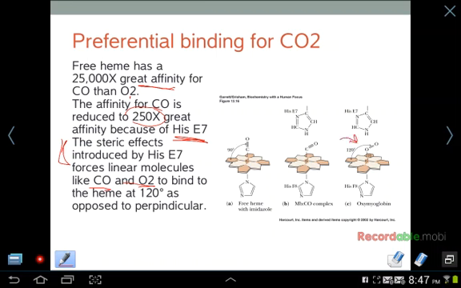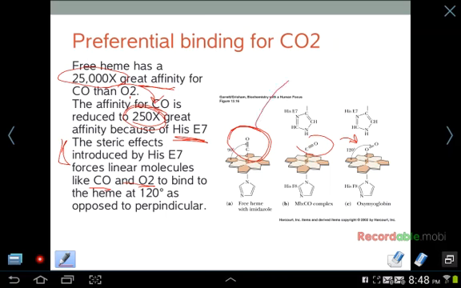Now, although oxygen doesn't really mind this bend, carbon monoxide does not tolerate that bend very well. The carbon monoxide would prefer to come in perpendicular as opposed to 120 degrees, and that's why we get this reduction in affinity.